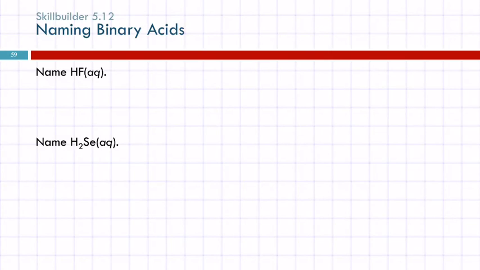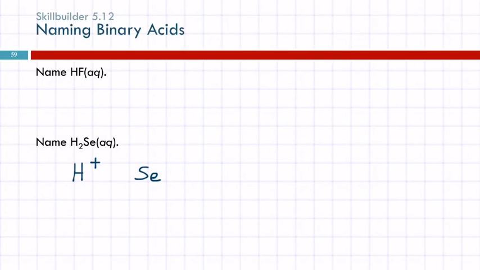I'd just like to point out, why are there two hydrogens in this one? Well, when this dissolves in water, and that's what aq means, dissolved in water, it forms ions. So you're going to have hydrogen ions and selenium ions. What charge does a selenium ion have?